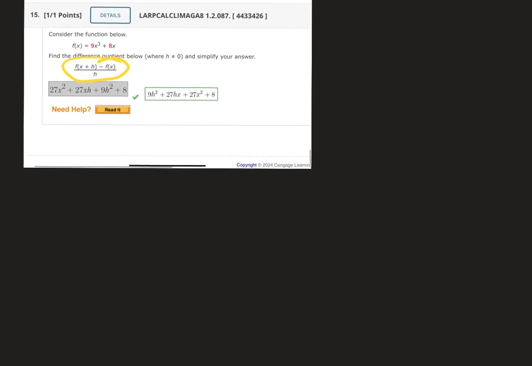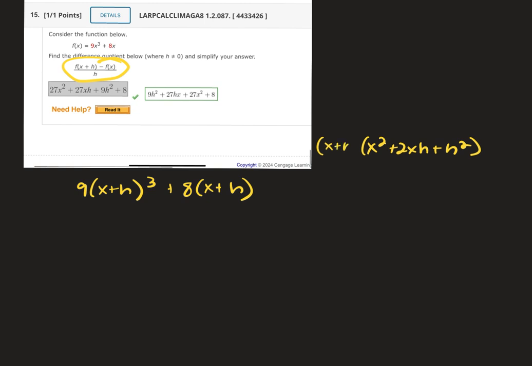So if I take that f of x plus h and plug it in, I am going to get 9 times (x plus h) cubed plus 8 times (x plus h). I would say most people don't have the cubed shortcuts memorized, and sometimes I think it's just as fast to do the squared shortcut with just one. So that's what I tend to do, which I know is x squared plus 2xh plus h squared, and then I would multiply that times x plus h.